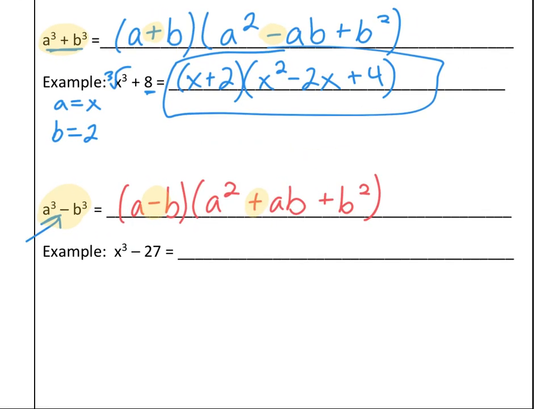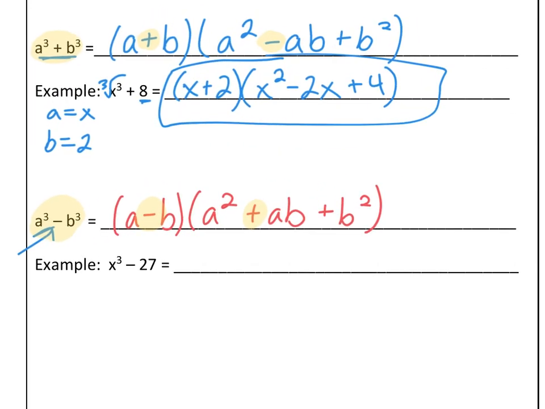X to the third and 27, are those both numbers I can cube? Yup. So A is just going to be X, and what's B going to be? Cube root of 27. 3. So I would just write X minus 3, because A minus B. A squared is just going to be X squared.